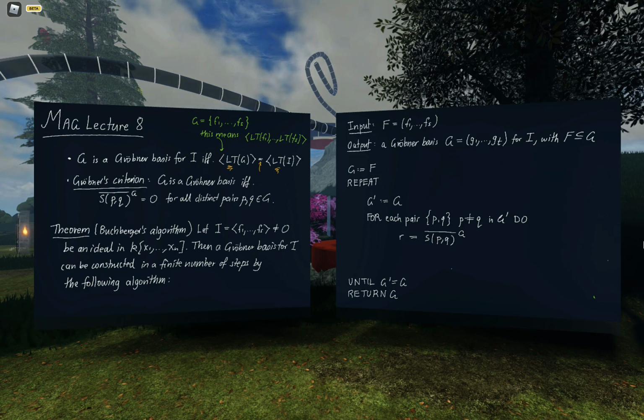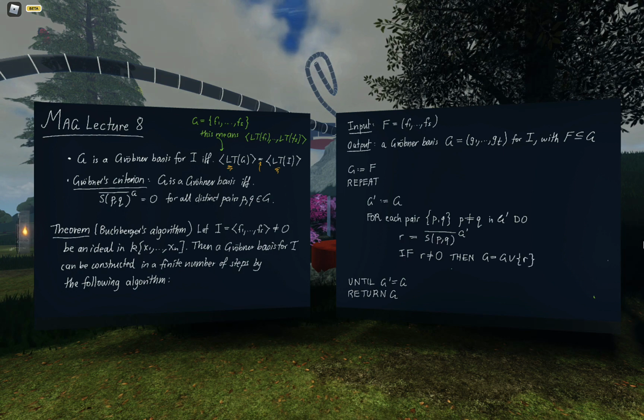So what we do is we compute the remainder. We're going to change G, right? So let's do it with respect to the original value of G at the beginning of this pass through the loop. We compute the remainder. If it's non-zero, then we add it to G. So at the beginning of the loop, we've got our polynomials in G prime.